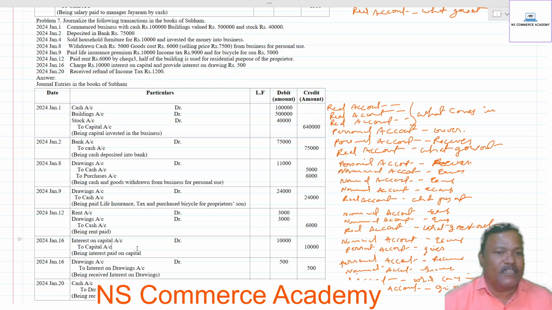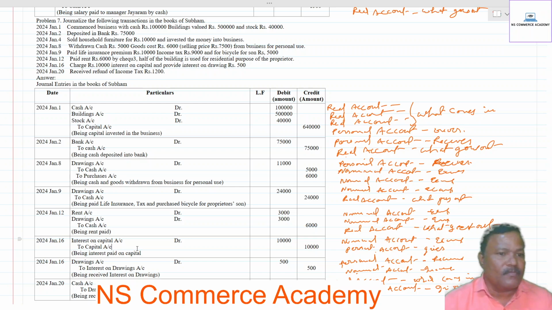Interest on capital account is a nominal account, it is an expense to the business, and capital account is the personal account, the giver. So on 2024 January 16th, interest on capital account debit 10,000 to capital account 10,000, being interest on capital.